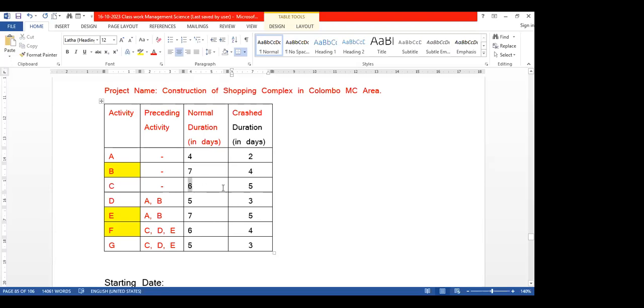Activity C, normal duration 6, crash duration is 5. How many days have we reduced? 1 day. Activity D, normal duration 5, crash duration 3. How many days have we reduced? 2 days.